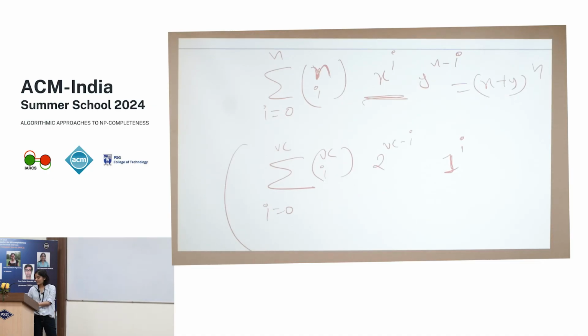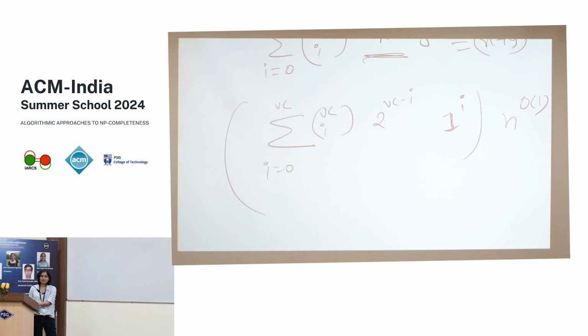Because the polynomial multiplication we can write it outside. What does it give me? 2 plus 1, 3. 3 power vertex cover into polynomial in n. So just by doing a better analysis we get this running time. But the algorithm is same. Guess a set, then solve set cover. That's all we did. Okay?